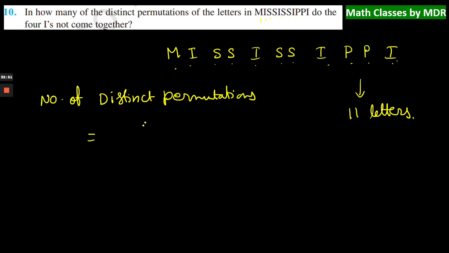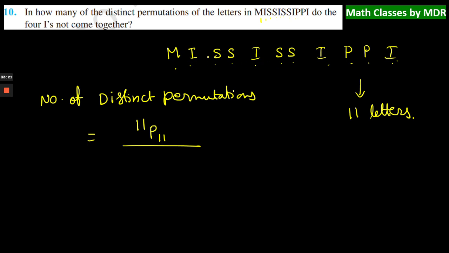How many distinct permutations can be made? We have total 11, so you are trying to get 11-letter words. So 11P11 will give us the total number of words irrespective of whether I's come together or S's come together, right? By considering each and every letter as distinct.